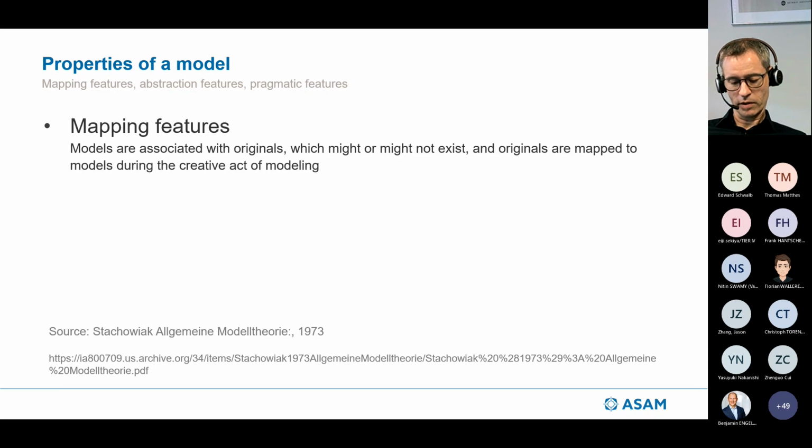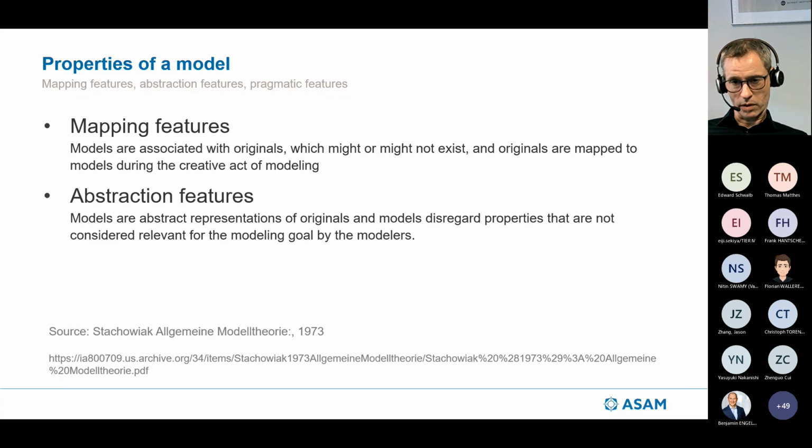For example, if we have an abstract understanding of a class in a class diagram, we probably map this abstract idea of a class to a rectangle in a class diagram, which means we have properties from the original that we map to properties and mapping features in our model.